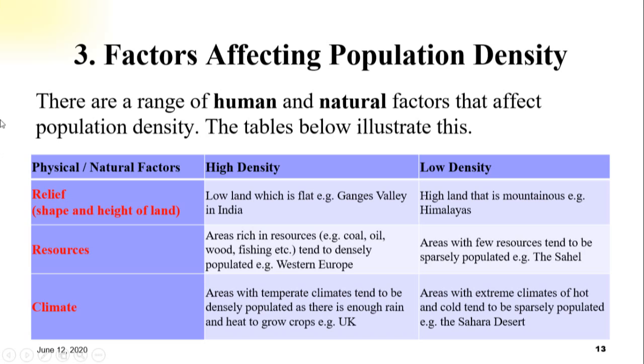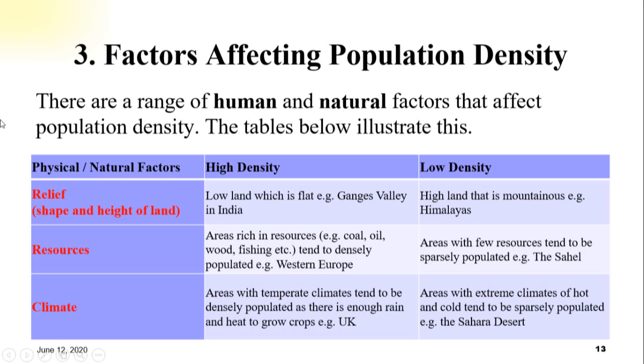The first one talks about the physical, or you can say natural, factors. It divides into two parts: the first, high density, and the second, low density. In physical or natural factors, there are 3 points: relief, the shape and height of land; resources; and climate.